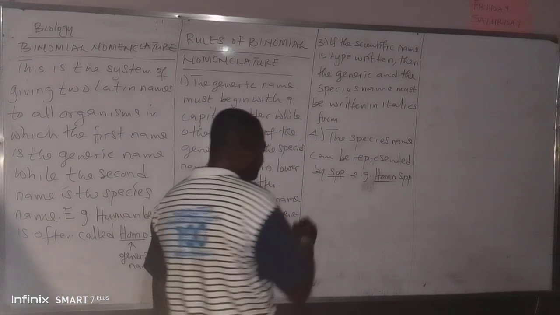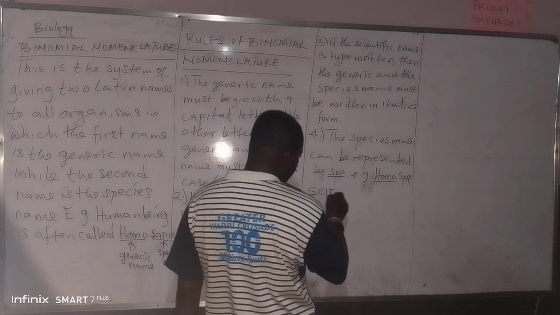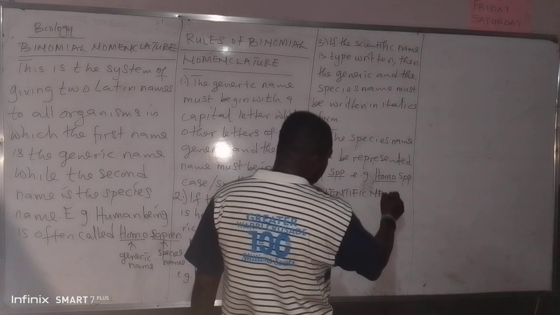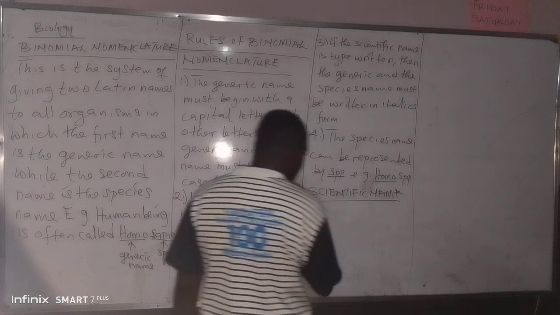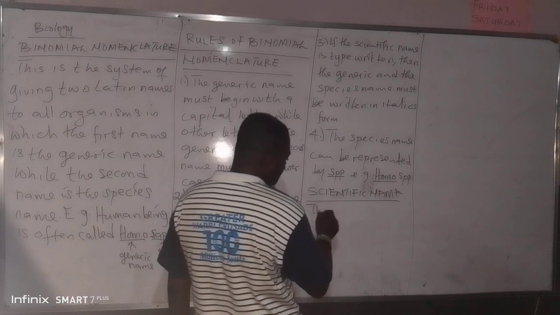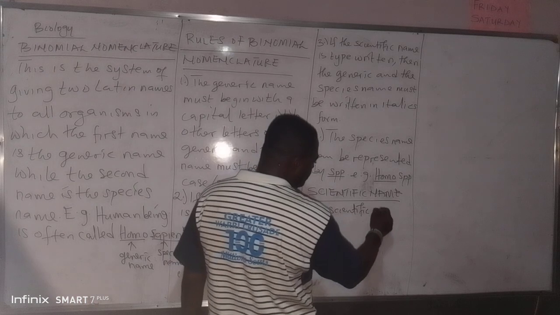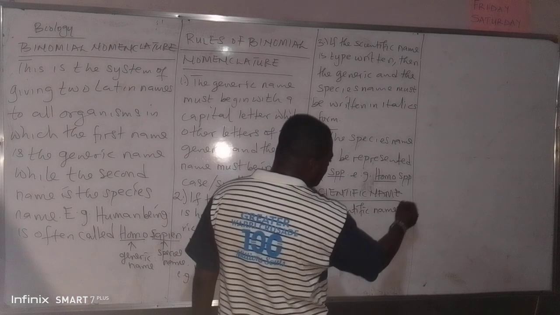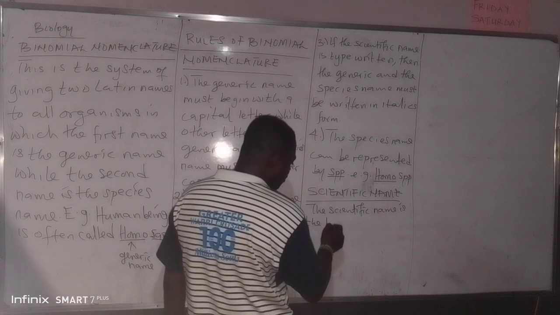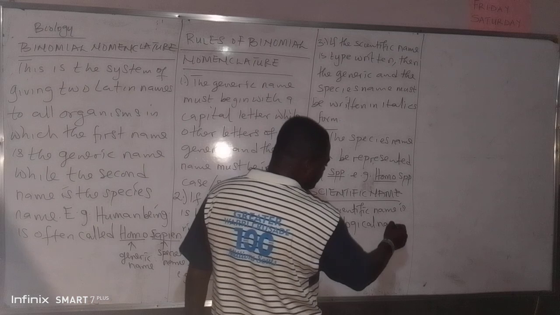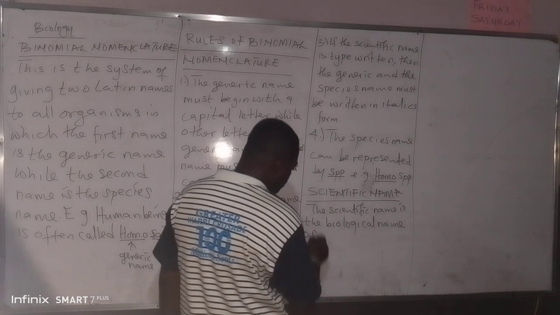Now let's look at scientific name. What is scientific name? The scientific name is the biological name of an organism.